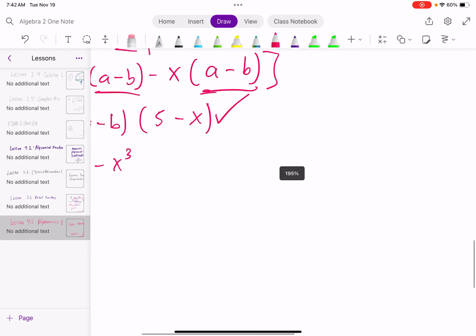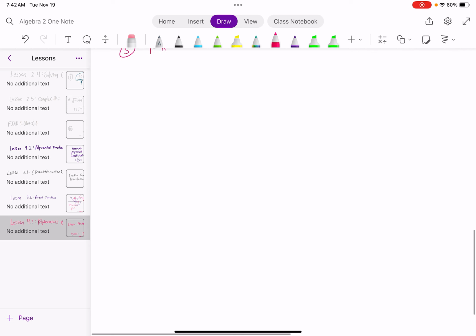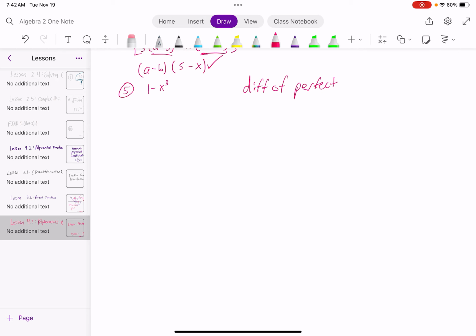This is the difference of perfect cubes. Not talking about ice cubes. We're talking about a cubed minus b cubed, where a is cubed and b is also cubed. And that's going to be a minus b times a squared, you're going to have an ab and a b squared, and these are going to be positive.